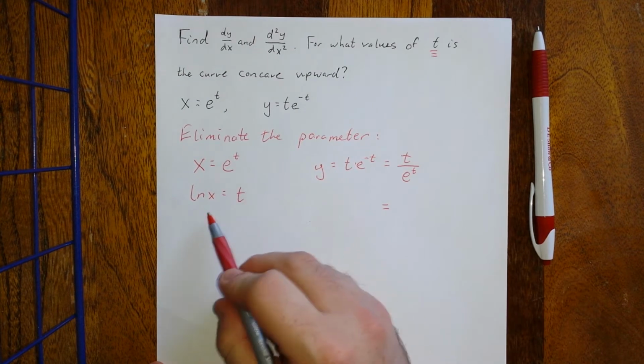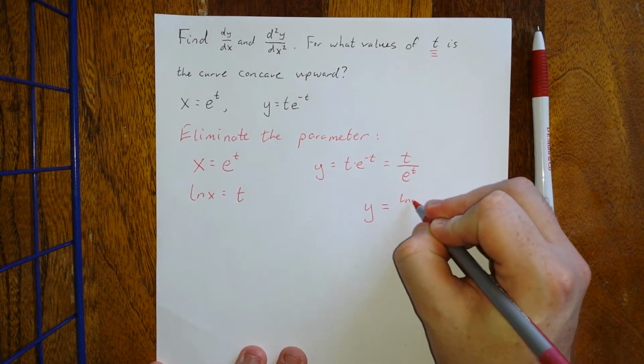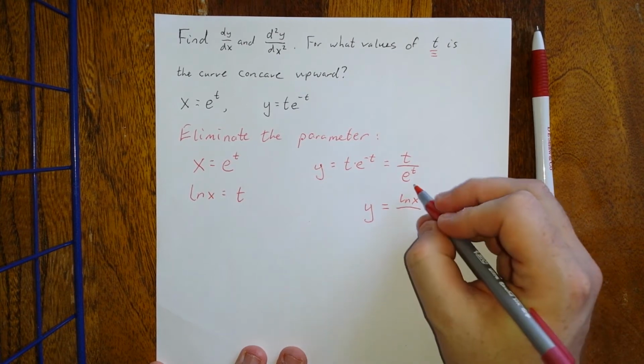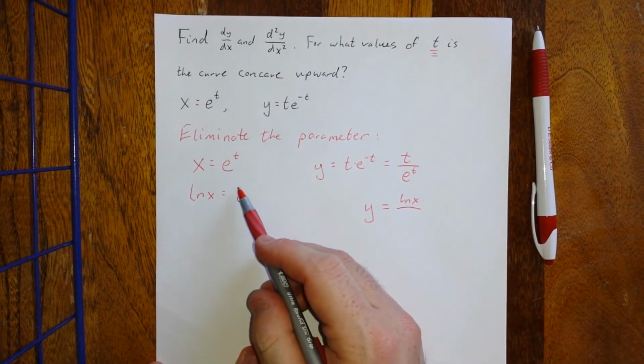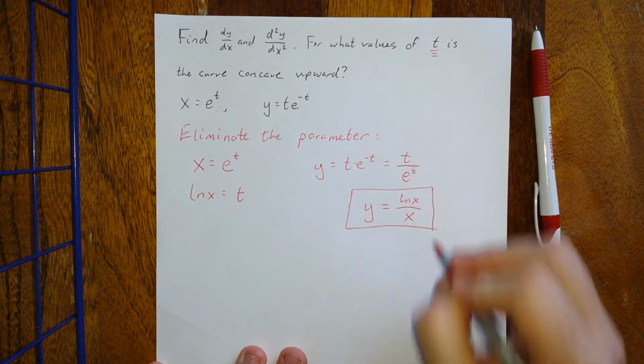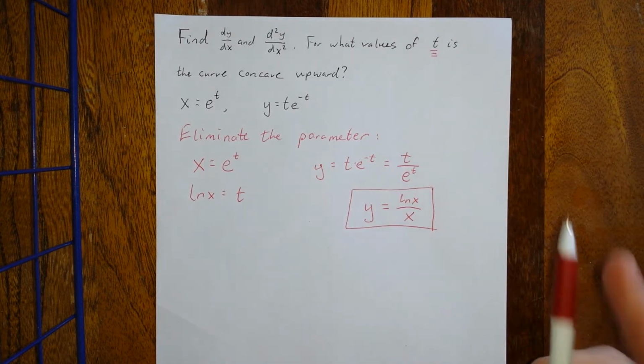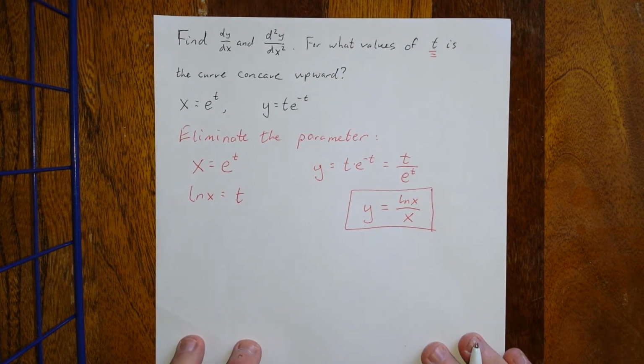Now t we said was equal to the natural log of x, so my new numerator is the natural log of x. My old denominator was e to the t, which we established was equal to x. So a slightly simpler form is y equals the natural log of x divided by x. Again, this step was for funsies because we enjoy doing it.